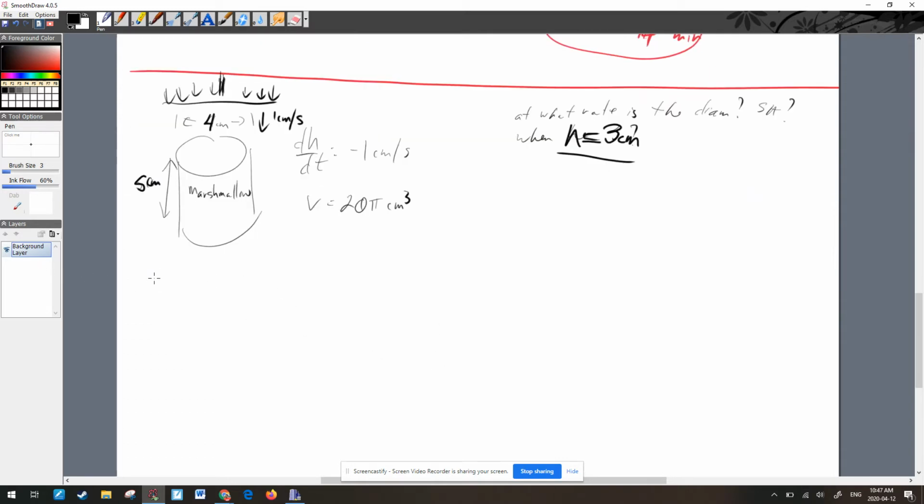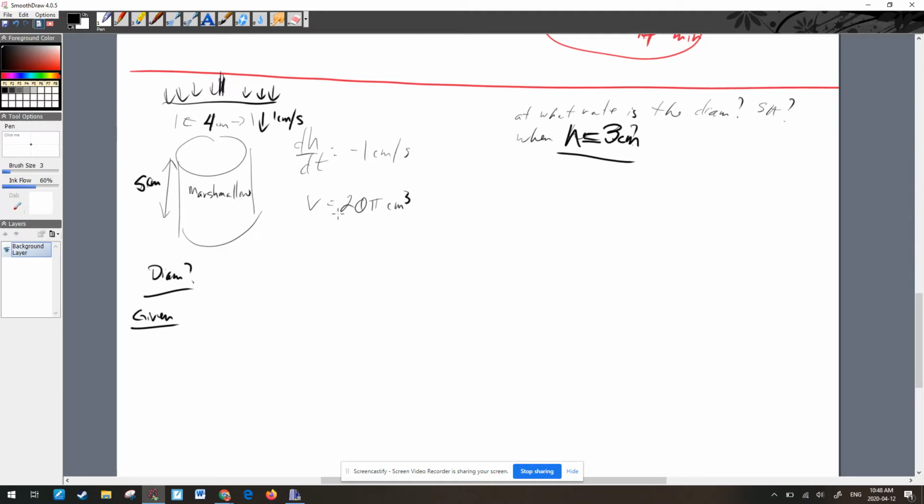Okay, welcome back. So we're going to do the diameter changing first. Let's look at our givens. An interesting one to note is that the volume is static, so in theory we could say that dV by dt is 0 because it's not changing at all.